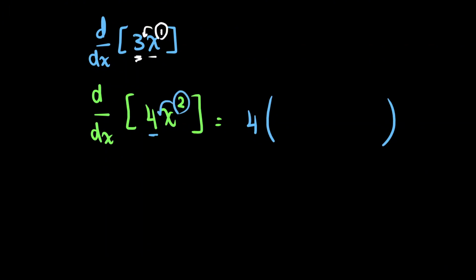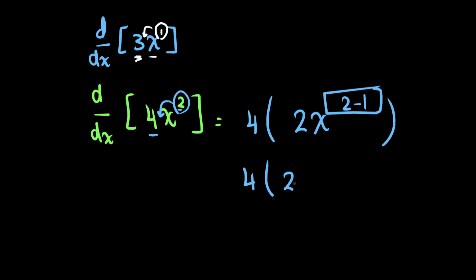Get the power beside the x, so it's 2x. And for the power, you're going to subtract 1 from the main power, which is 2. So 2 minus 1. So you have 4 multiplied by 2x to the power of 1. And that equals 4 multiplied by 2 of x. So it equals 8x.